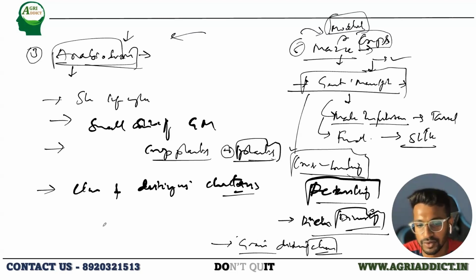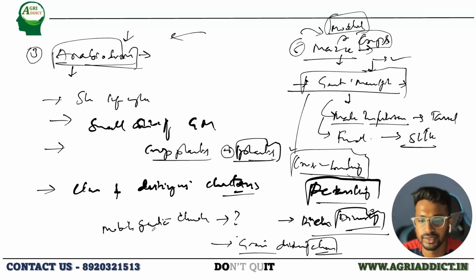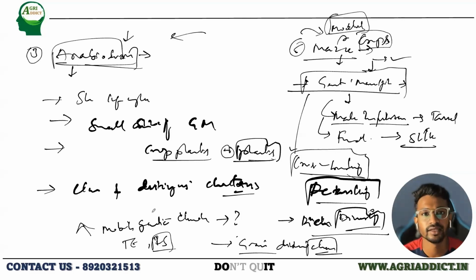How many of you are aware of mobile genetic elements, which I discussed yesterday? What is the other name for mobile genetic elements? Transposons, transposable elements, insertion sequences. Most discoveries were first made in prokaryotes, and after that they were compared with eukaryotes, and that is how we came to know about many things.